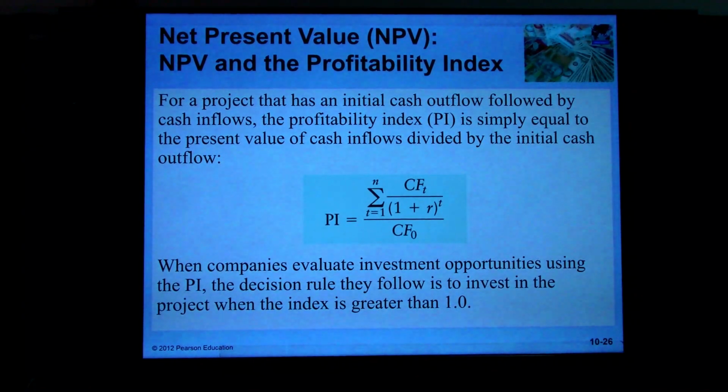In this case, we will have the decision criteria. If PI is more than 1, we must accept the project. If PI is less than 1, we reject the project. If PI equals 0, this is a neutral decision.